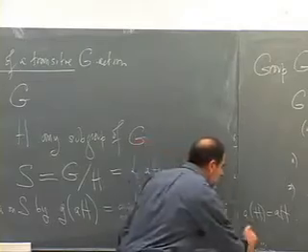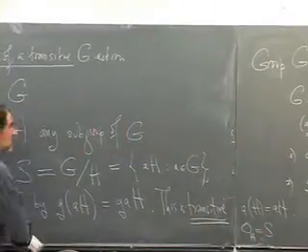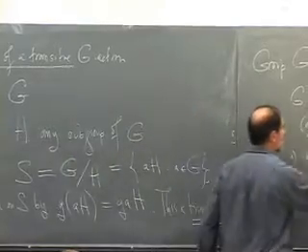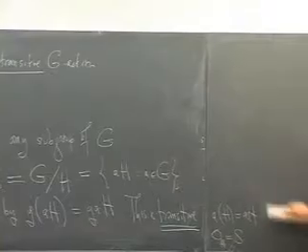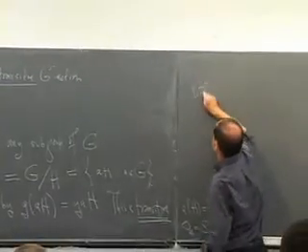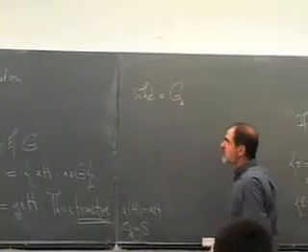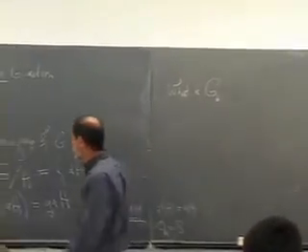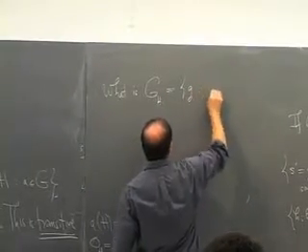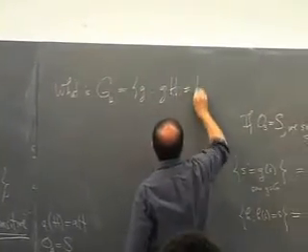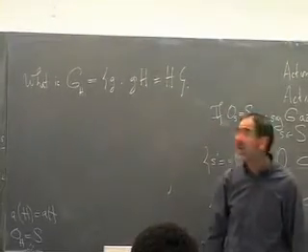So the orbit of H is equal to S. Okay, what is the stabilizer in this case? The set of elements in G that fixes the coset H. So this is the set of elements G such that GH is equal to H. What's that? H. You got it.